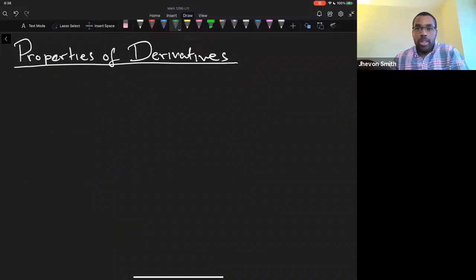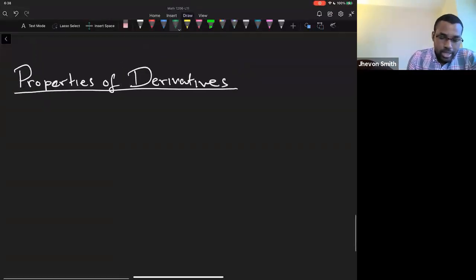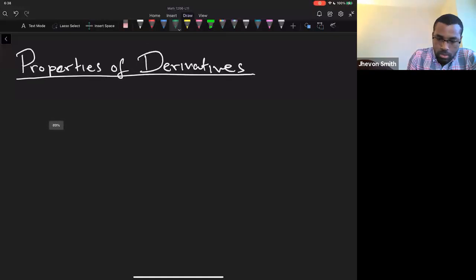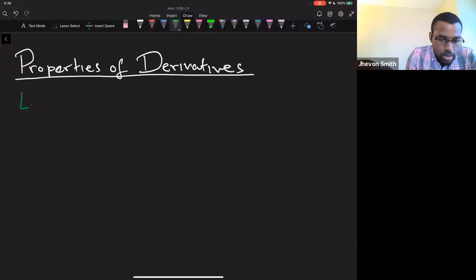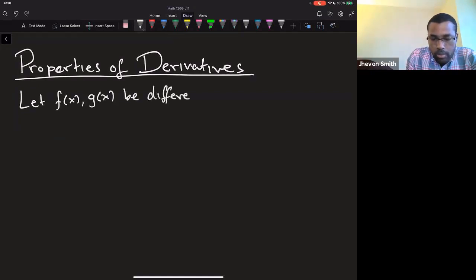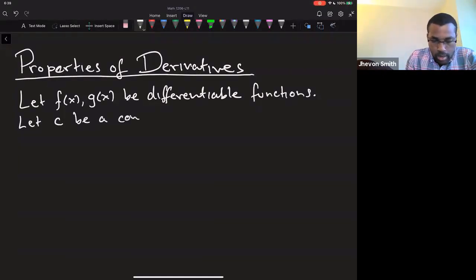Now let's talk about some properties of derivatives. Derivatives have a couple nice properties, not as many as limits though, but they do have some nice properties. Say here, let f of x, g of x be differentiable functions. Let c be a constant.